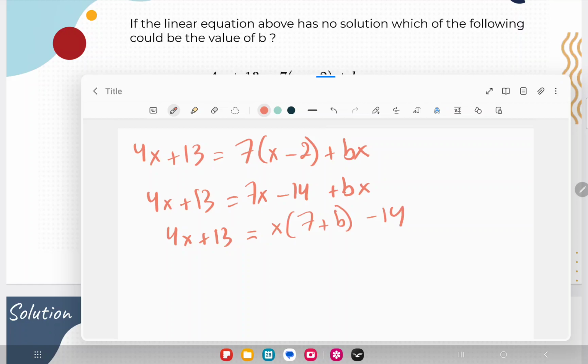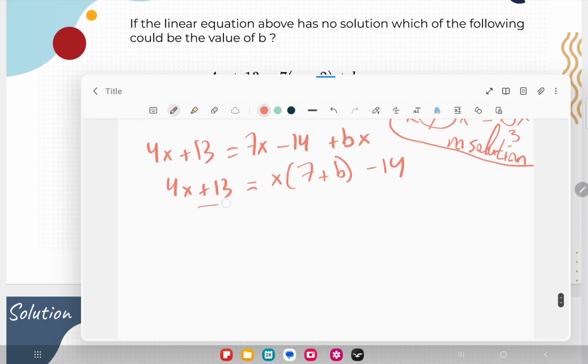So what does it mean that an equation has no solution? The variables cancel out. Anything that is next to x cancels out. And I have minus 2 is equal to 3. So this one has no solution. Now, if I want this one to have no solution, I will keep the constants as they are.